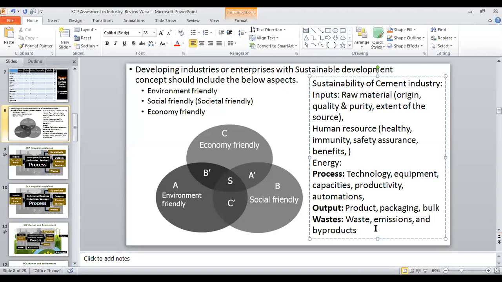Also, there are green industries as well, and you can improve the greening aspects of the industries. We can talk about those things later. So you can see the inputs, the processes, the outputs. Yeah, I write inputs.